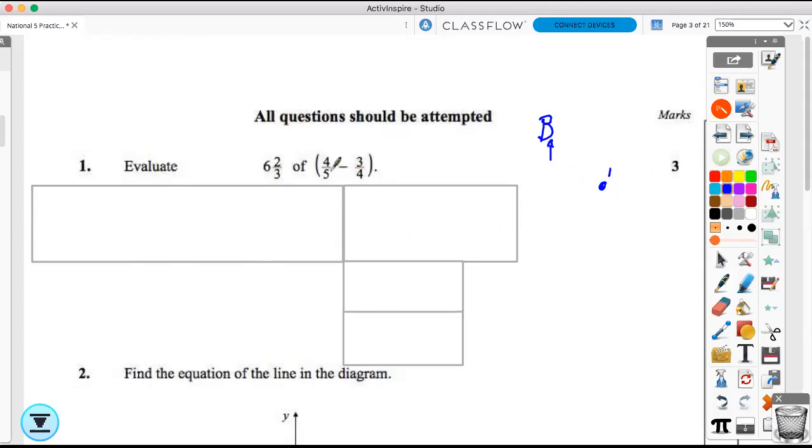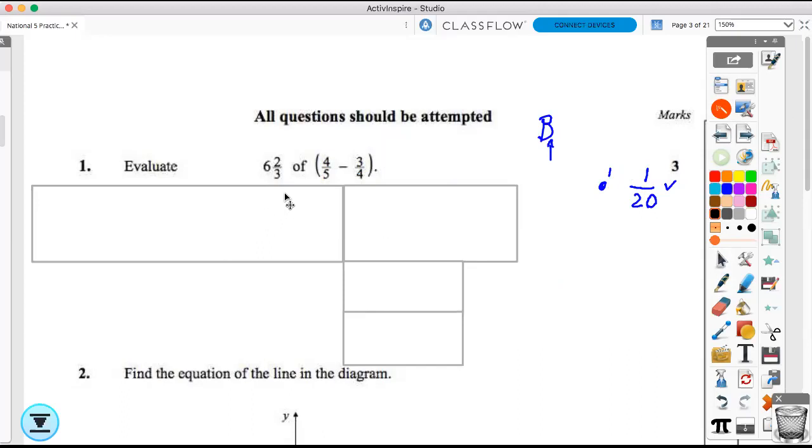You can cross and simplify, an easy way to do this. So you do 4 times 4 is 16 minus 5 times 3, so 16 minus 15 is 1. 1 divided by 5 times 4 is 20. And if you remember, there was that mark where it says 1 mark if they've done this. So let's see the way I would do it.